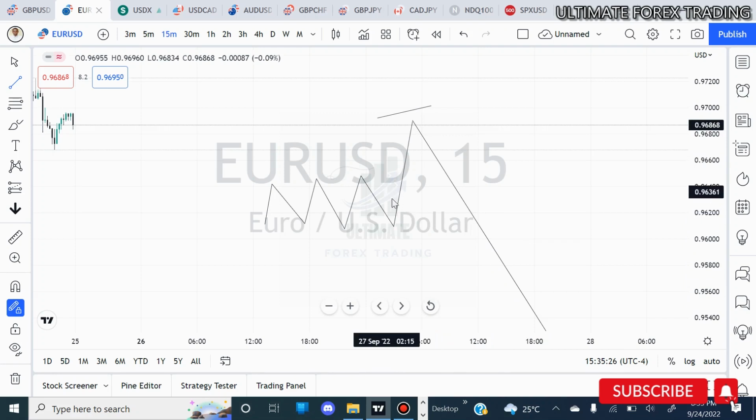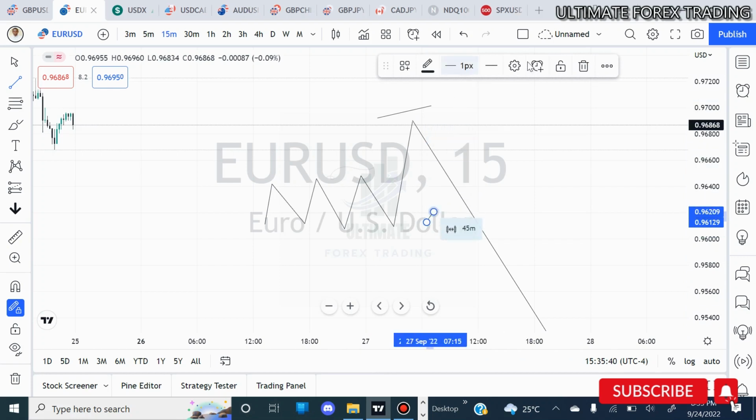And most of the time, the delayed manipulation may not really give you manipulation above the market, above the 0 GMT. You may see price continue its movement downward because you are in a bearish condition.